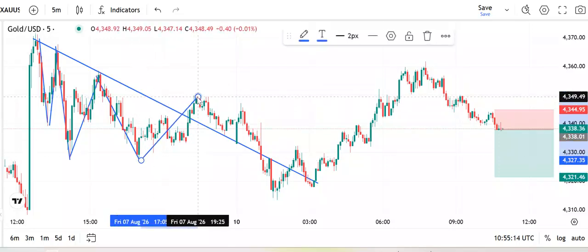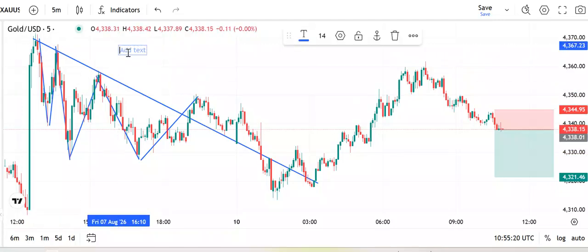And this lower high. The fact that you are seeing lower high and lower low, that's clear. More of lower high and lower low, that's clear downtrend.